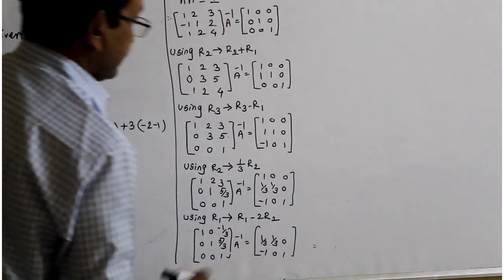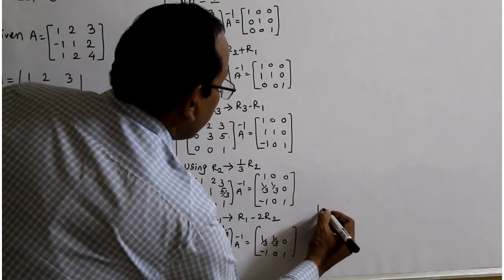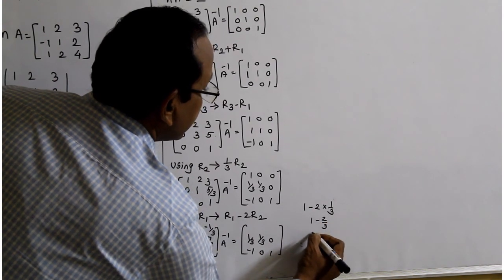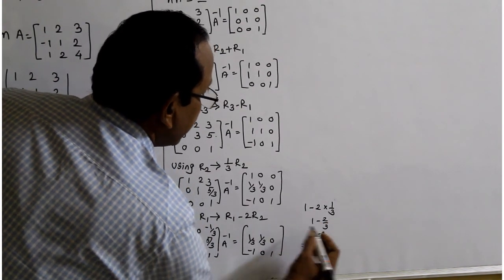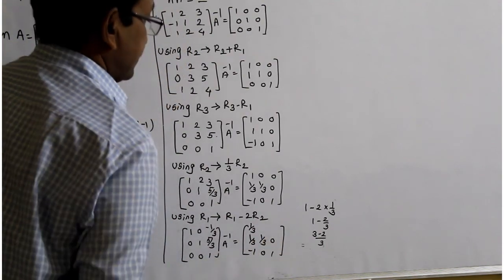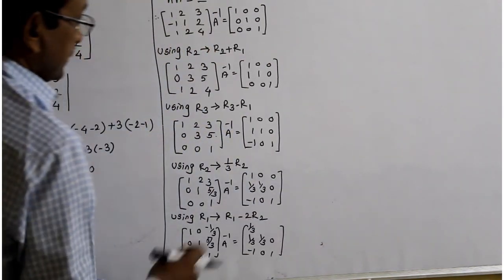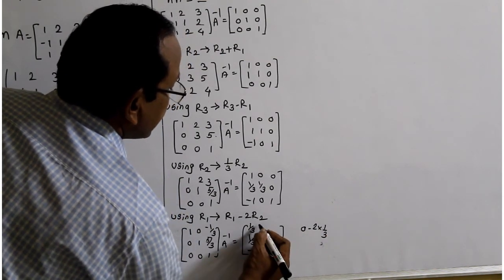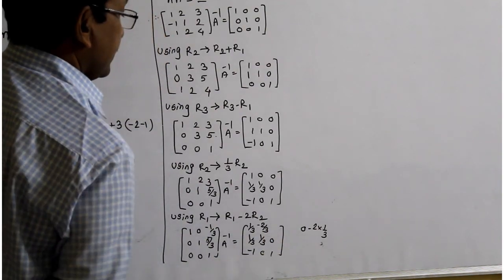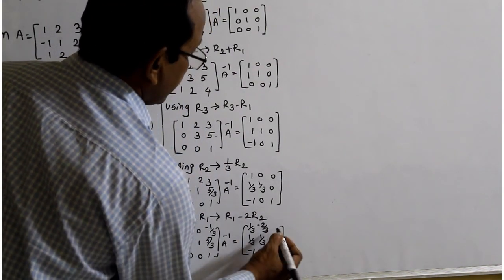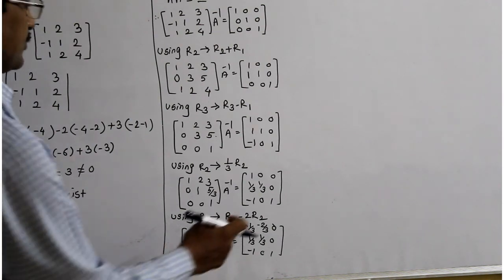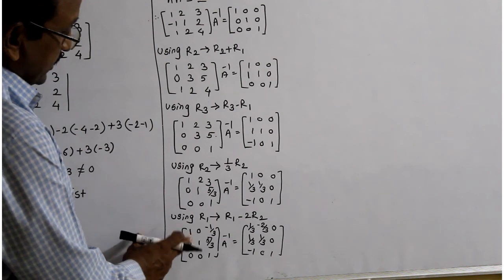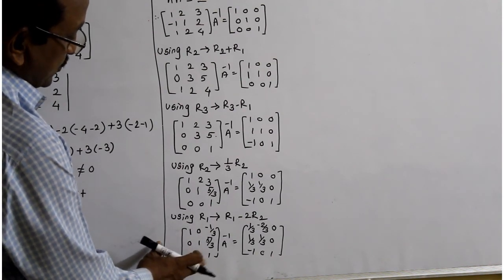And now operate here, it is 1 minus 2 into 1 by 3, it is 1 minus 2 by 3, means 3 minus 2 by 3, it is 1 by 3. Now operate 0 minus 2 into 1 by 3, which is minus 2 by 3, then 0 minus 0, which is equal to 0.